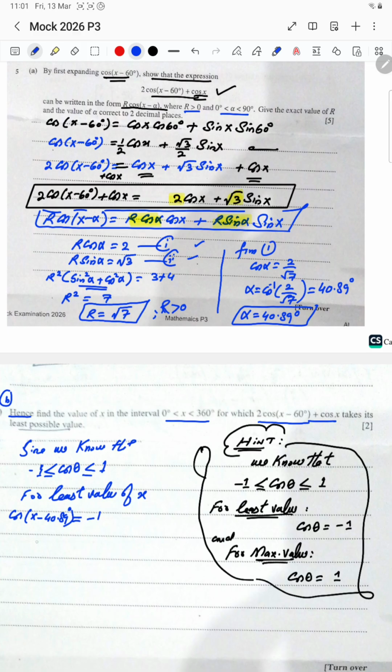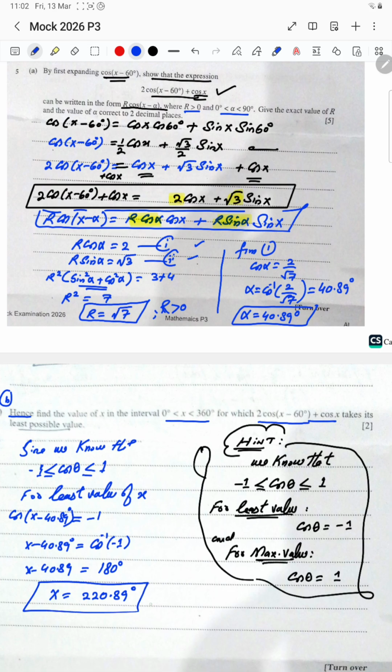So when we take x minus 40.89 degree equal to cos inverse of minus 1, and that is 180 degree, cos is minus 1, so x minus 40.89. So that goes to the other side, x becomes 180 plus 40.89, which is 220.89 degree.